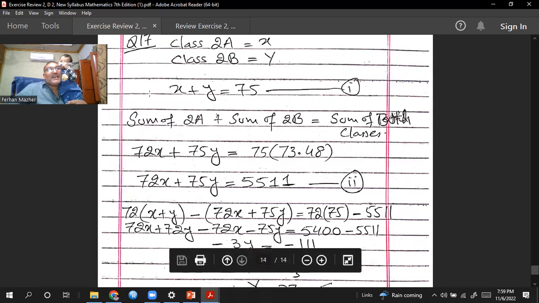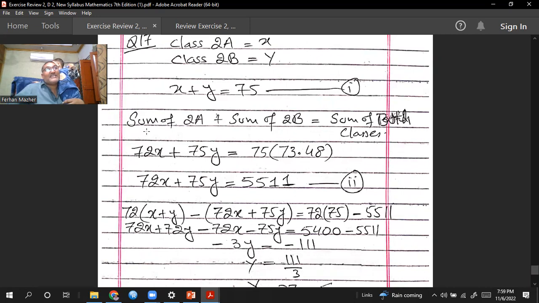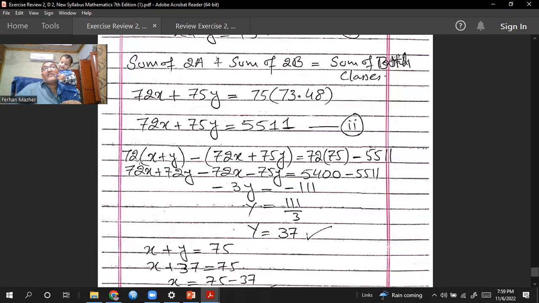I will multiply the first equation by 72, and that will make the coefficient of X the same, and then I will subtract them from each other. So here you can see 72 bracket X plus Y bracket close minus bracket 72X plus 75Y equals 72 into 75 minus 5511.